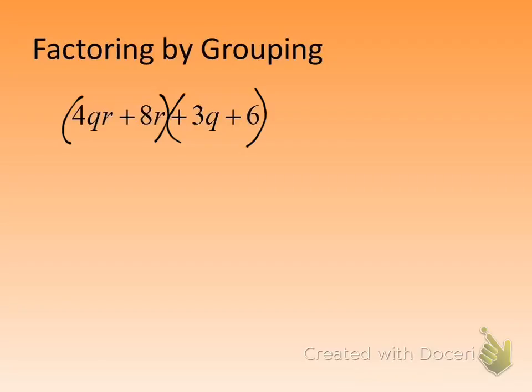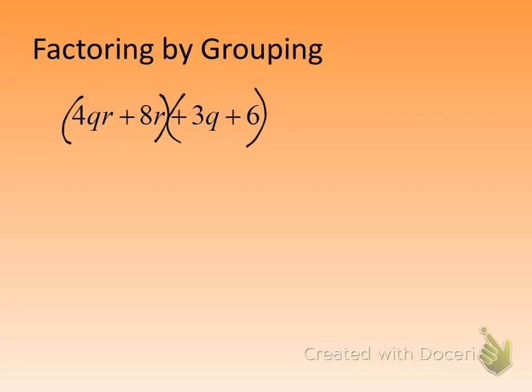Okay, now, what's the GCF out of 4QR and 8R? 4R. Okay? 4 is the biggest number that goes into 4 and 8. And each one of those has an R in it. See that?